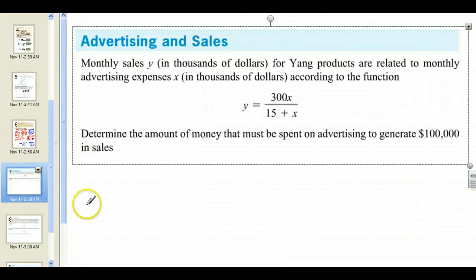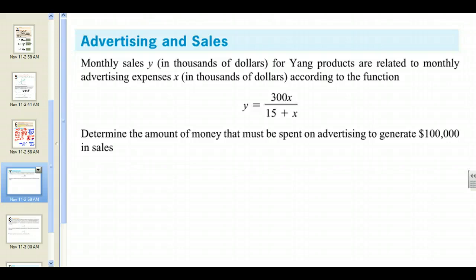Alright, here's a word problem example. We want to take this, which gives their monthly sales in thousands of dollars, related to their advertising expenses, x, and it's also in thousands. Determine the amount of money that must be spent on advertising to generate 100,000 in sales.